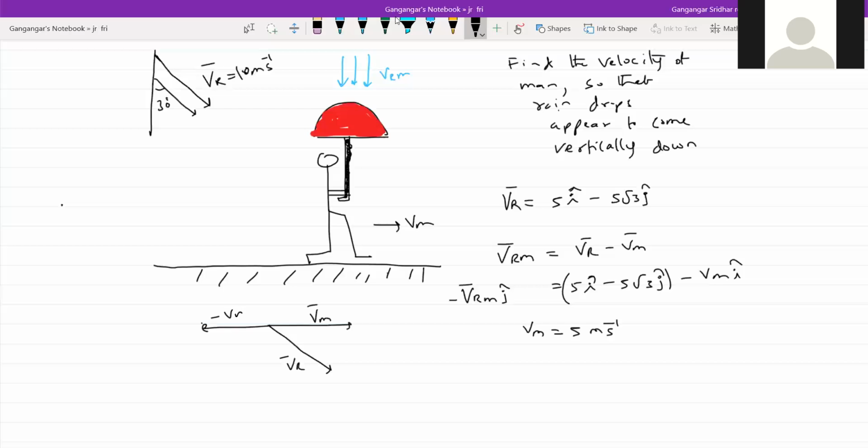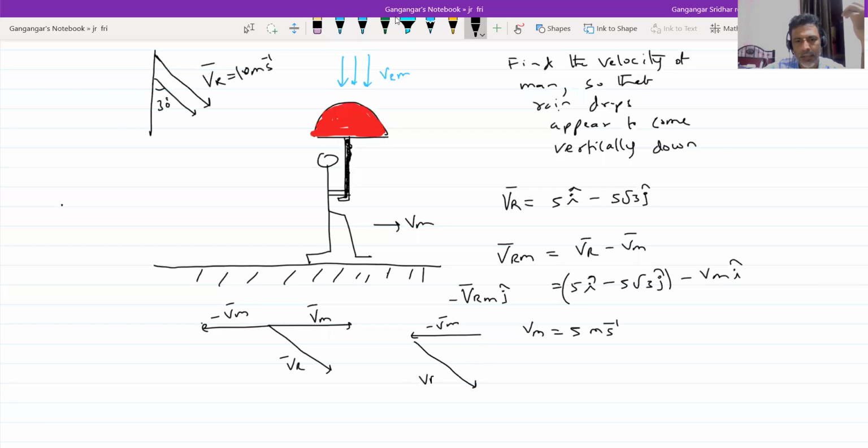And this is minus VM bar. So finally it will be minus VR bar. This is VR bar and the VRM bar. The VRM bar will now be directed vertically down. You can see it from the triangle of vector subtraction.